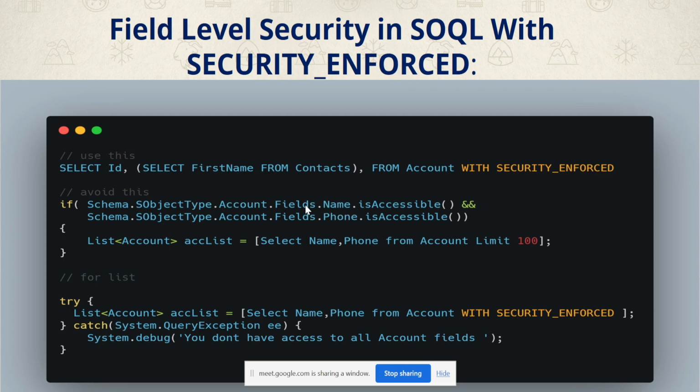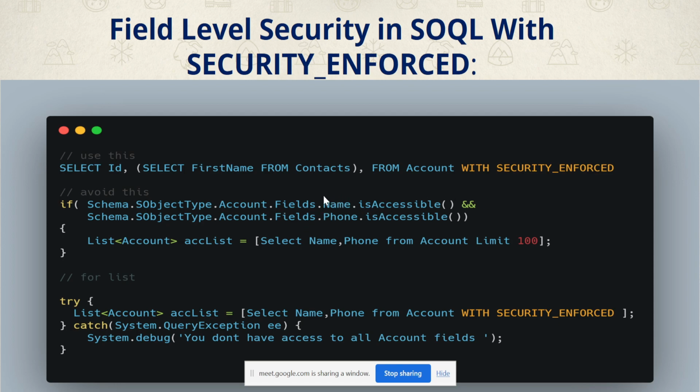So previously we already saw this kind of old technique, right? How to access the field and check field accessibility, like isAccessible, isUpdateable, isDeletable, something like that. This is the old technique. Avoid these things, since it takes 1, 2, 3, 4, 5 lines of code to check field accessibility.